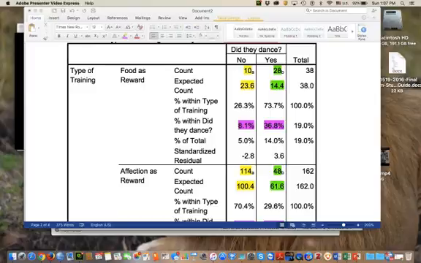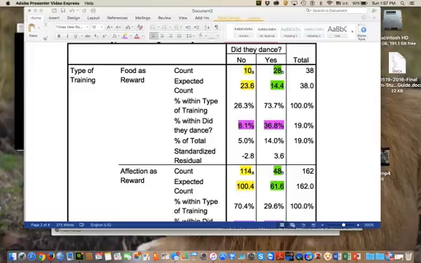So in calculating the odds, we take that number, 48, which is the number that had affection and danced, and divide it by the number that had affection but didn't dance, which is 114.